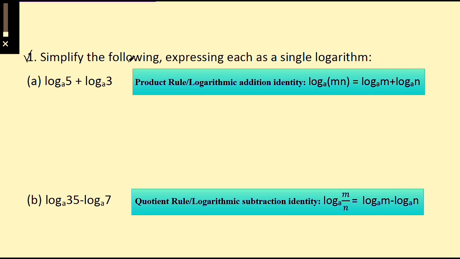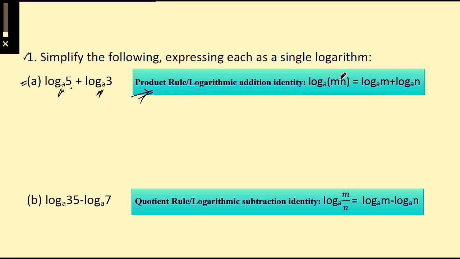Question 1 asks to simplify the following expression as a single logarithm. Question A, we have log 5 to the base of a plus log 3 to the base of a. As we know from the product rule of log, the logarithm of a product is the sum of the logarithms of the factors.